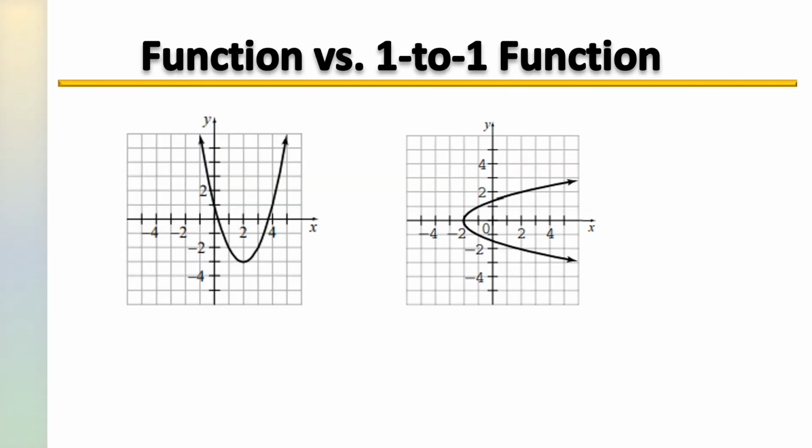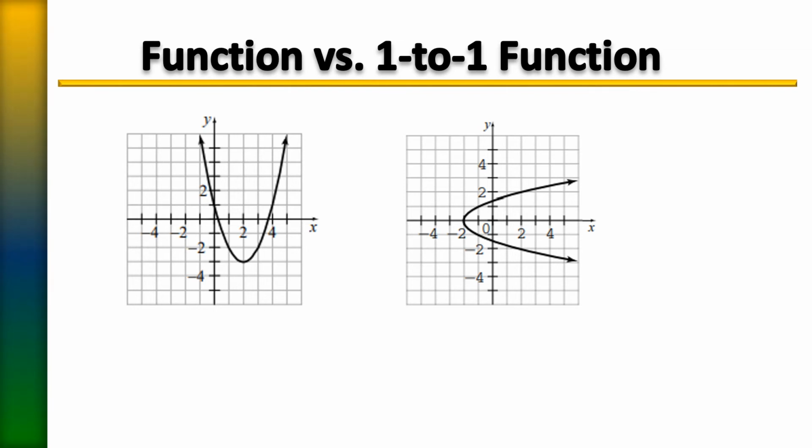Okay, let's compare the differences between a regular function and a one-to-one function. For a regular function, all you have to do is draw a vertical line, or do what is called a vertical line test, to determine whether it is or is not a function. And again, recall that if it intersects that graph in no more than one point, then it is the graph of a regular function.